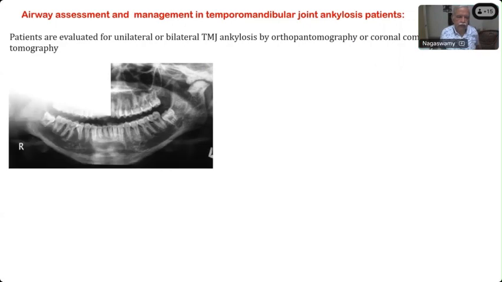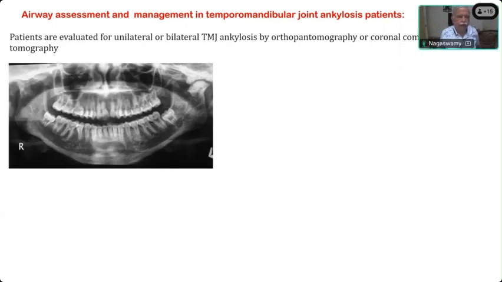So if you see, what is this picture? This is called the OPG, orthopantomogram. Okay. So in this picture, can you say whether it is unilateral or bilateral? Can you see this area and this area?